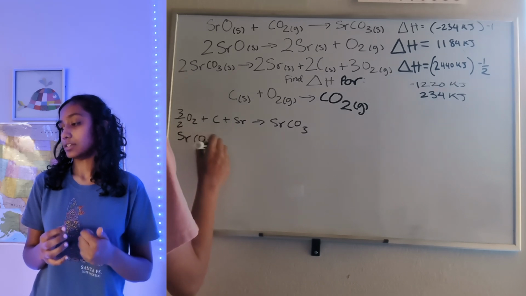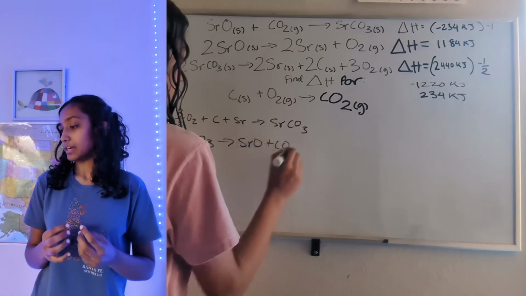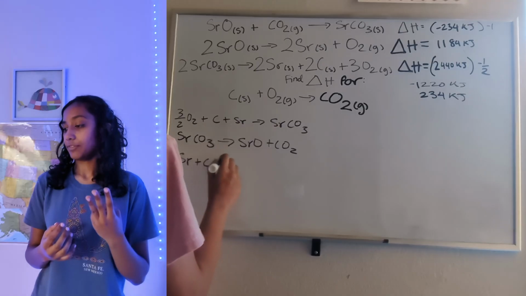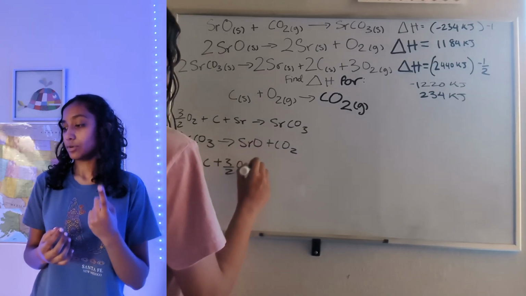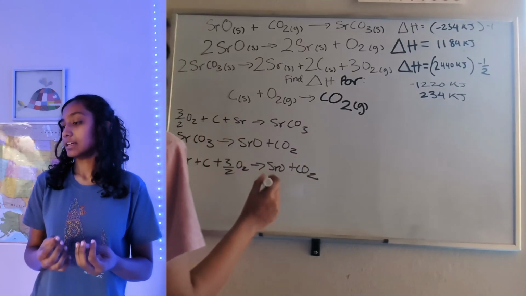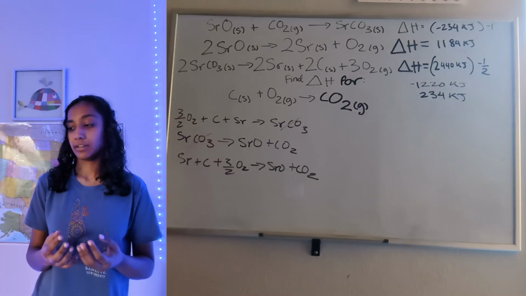SrCO3 gives us SrO and CO2. Adding these 2 new reactions, we get Sr plus C plus 3/2 O2 gives us SrO plus CO2. I got rid of the SrCO3s because the same moles of SrCO3s were present on both sides of the equation.